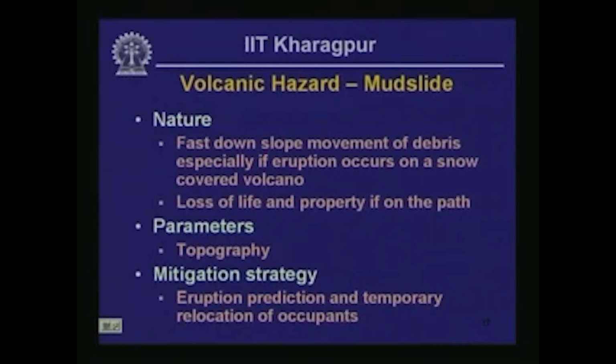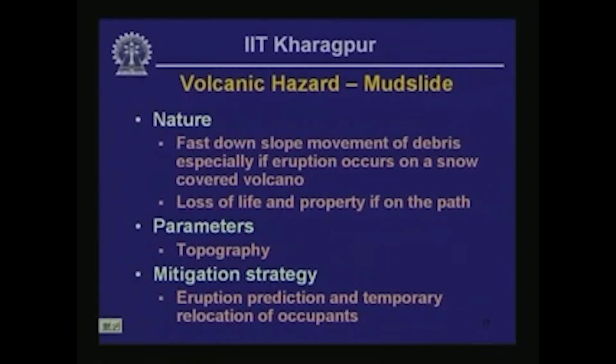Loss of life is a distinct possibility here, loss of life and property, because the mudslide is so fast that it cannot be outrun by any stretch of imagination. So loss of life and property is a distinct possibility if human occupants are on the path of a mudslide.